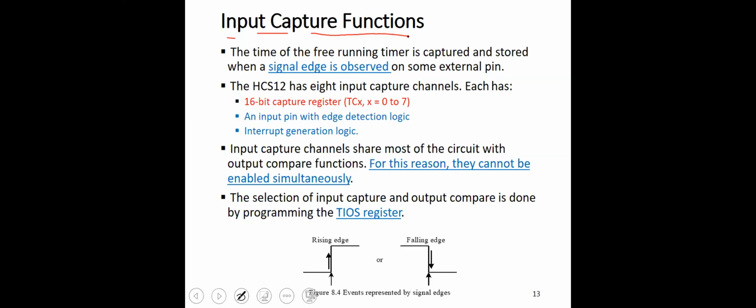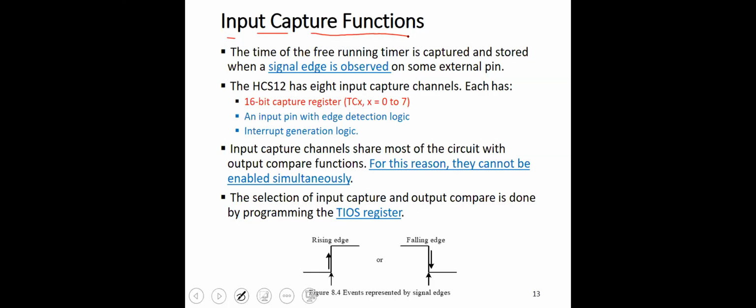Basically a falling edge or a rising edge, a transition from one state to another. So an event that is represented as a falling edge or as a rising edge might be required to be recorded, the time of occurrence of this event.